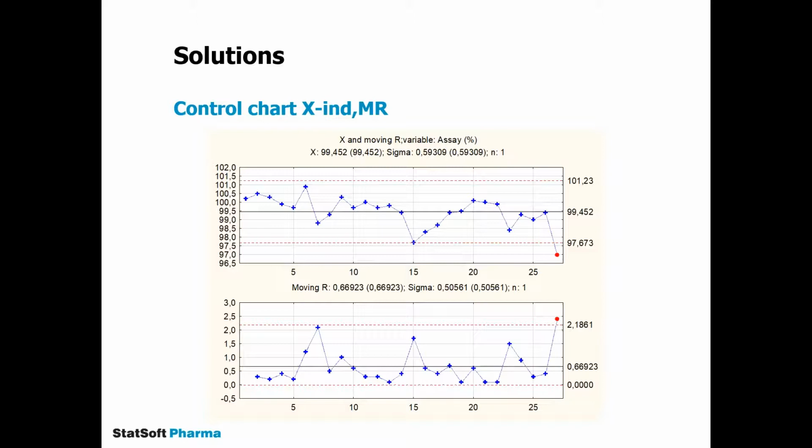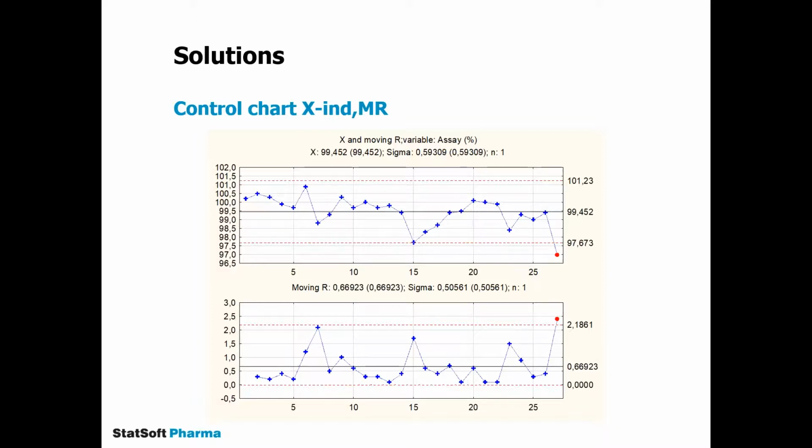What type of control chart can you use in your statistical process control? The most commonly used chart is the individual and moving range control chart used for samples of size 1. It is a two-way chart that monitors the process location by means of the individual chart and the process dispersion by means of the moving range chart.